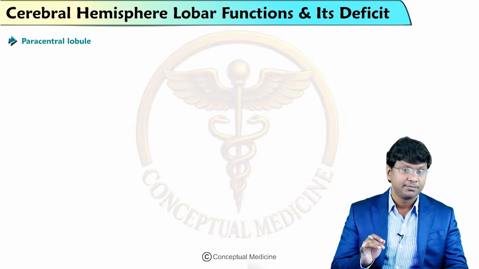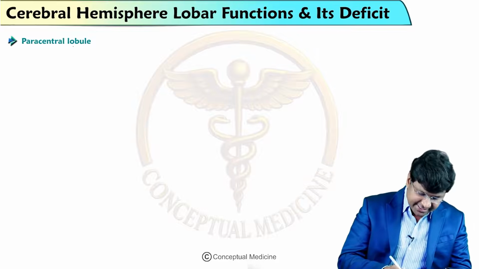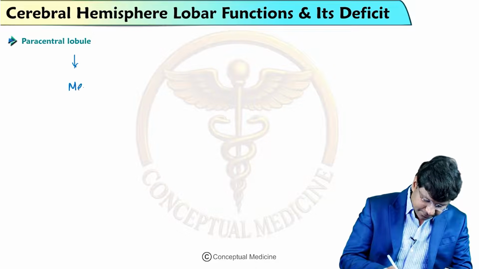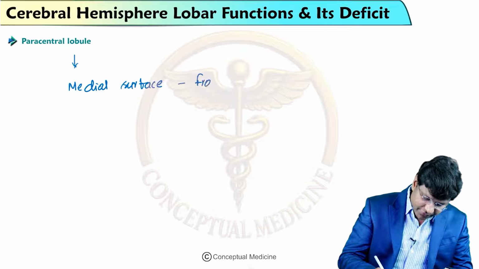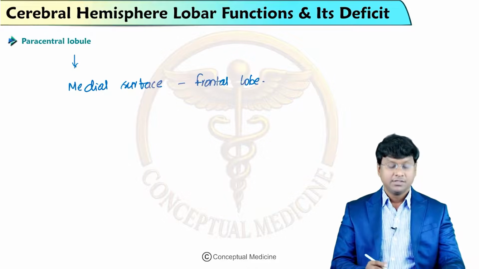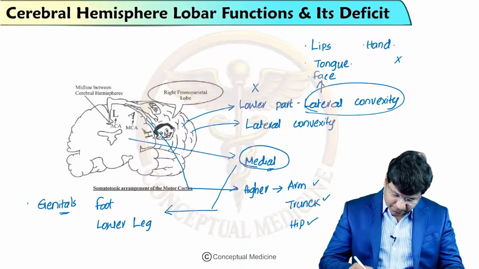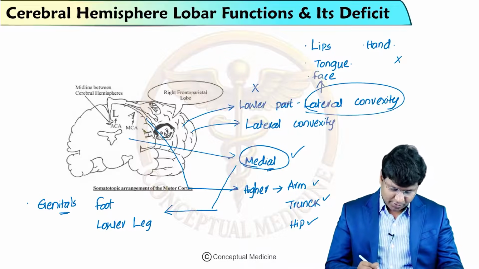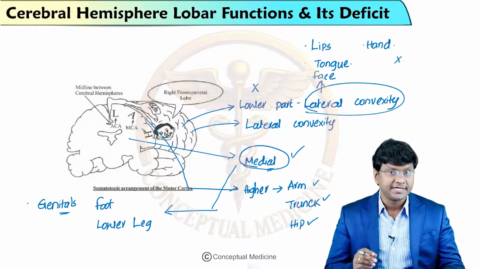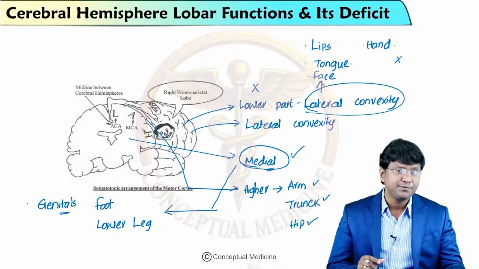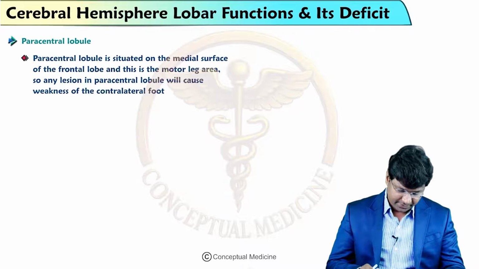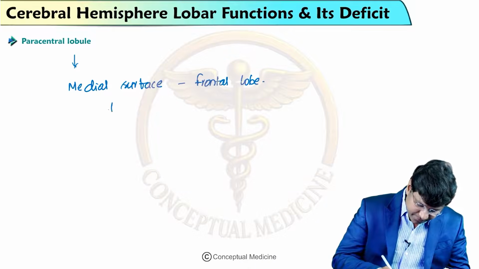The paracentral lobule is situated on the medial surface of the frontal lobe, and the medial surface of the frontal lobe corresponds to the motor leg area.